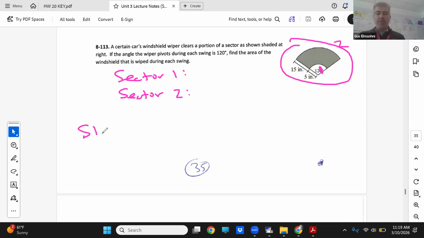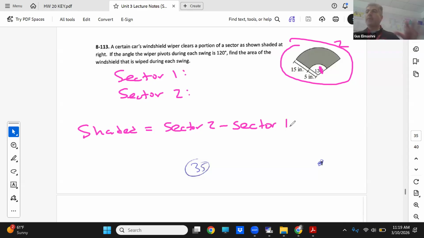The shaded region is going to be sector 2 minus sector 1. So what I'm trying to do is find the area of the whole minus the little, big minus little.